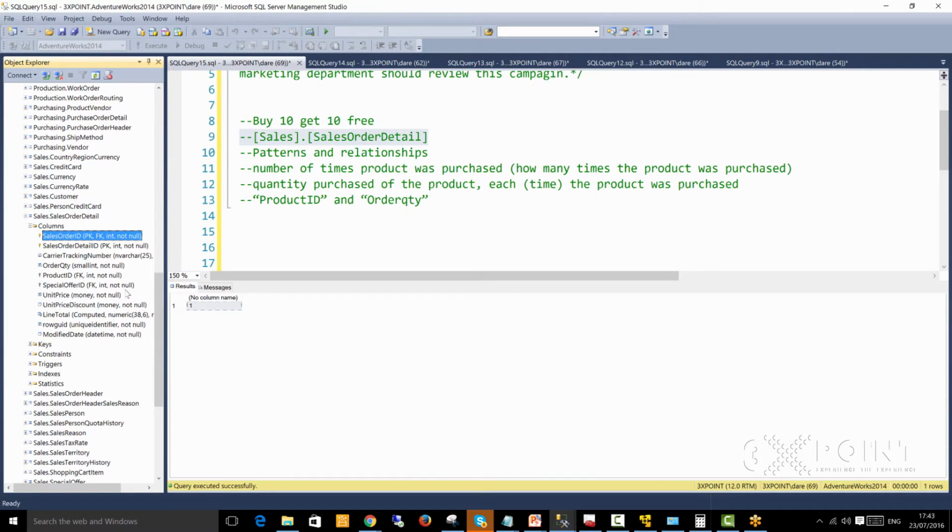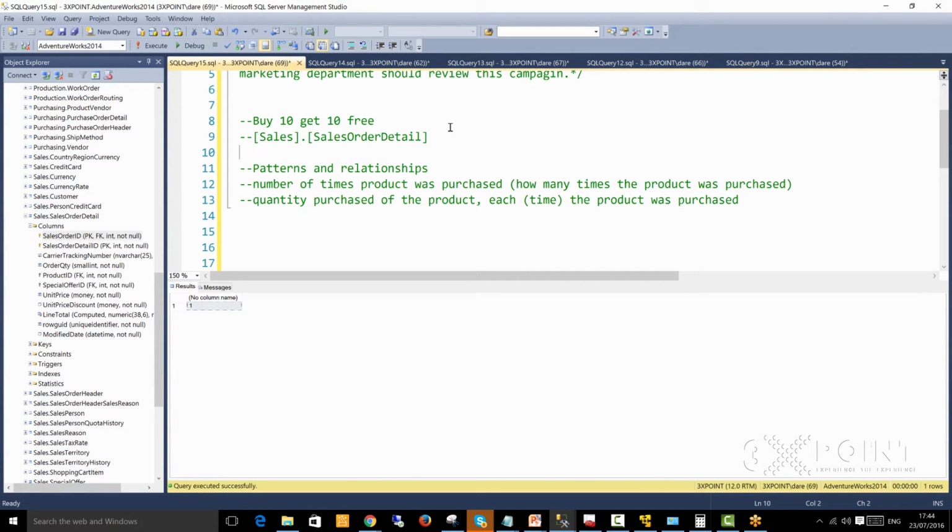So we have all of these columns, and let me bring this up. The good thing is we've been told the columns that we need to return back, so that makes our job very easy. You can actually write your select statement by saying select, what's the first column? Product ID.